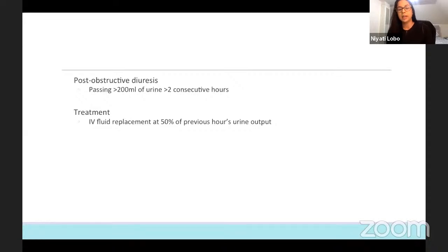So saline, 1 litre, and then underneath that, what I normally write is 50% of previous hour's urine output, if passing more than 200 mils for more than 2 consecutive hours, and that is fine. There's no special form or anything like that. You can literally write that up on the back of your fluid chart, and the nurses will do that.